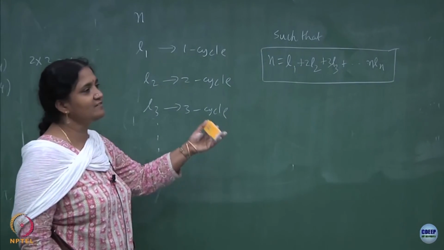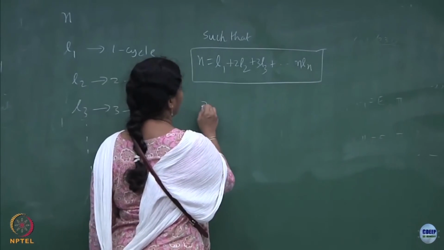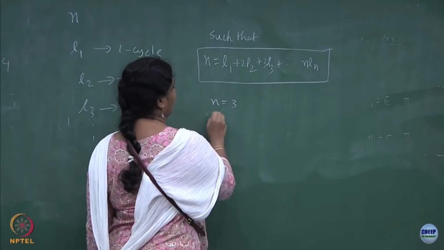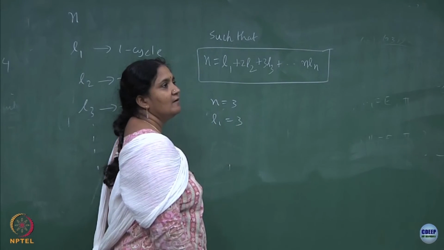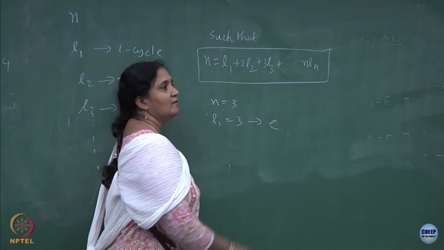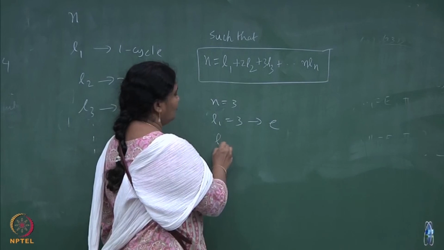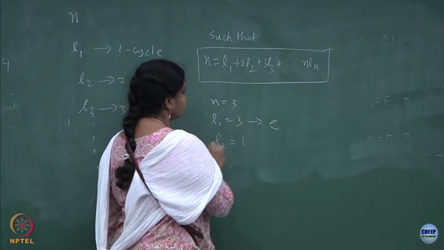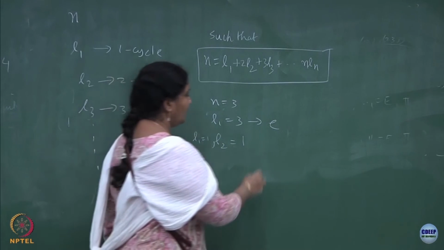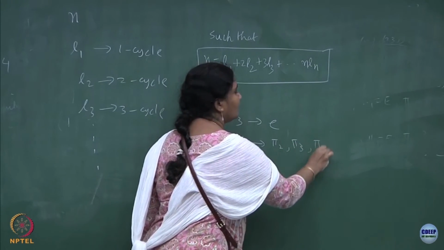For the 3 objects it is simple. What are the options? If you want n equal to 3, L1 is 3. What is that? That is the identity element. 3 1 cycles. L2 is 1. That will be your pi 2, pi 3, pi 4.